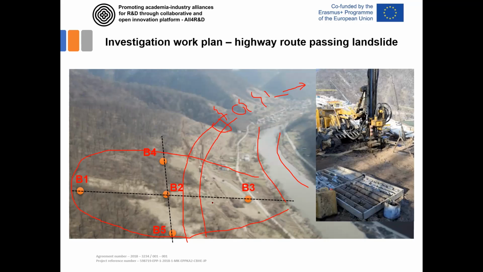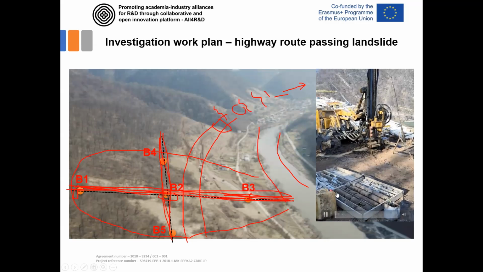So when you have a landslide, you always need to have some cross section, some longitudinal section. In order to define it, you need to have boreholes here, here, and here. So as many boreholes in one typical profile. Also in the longitudinal direction, you need the boreholes to define this potentially sliding area.